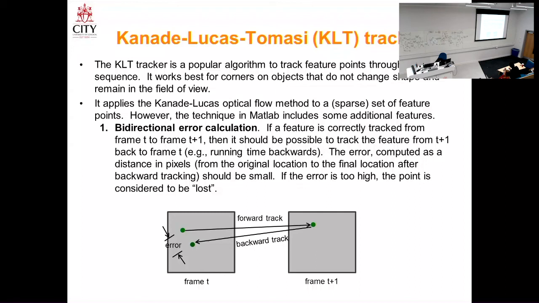But if there's some sort of error, we're not going to end up at the exact same location, and we can encode that error and try to minimize it. So essentially, what this technique does is it looks at the error, and if that error is too high, then it assumes that the point is lost. It went out of field of view.